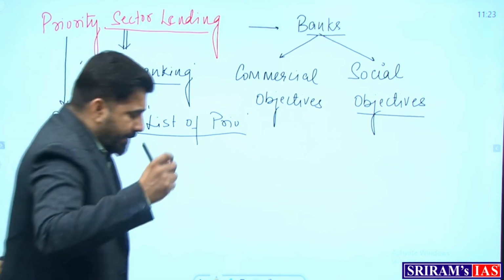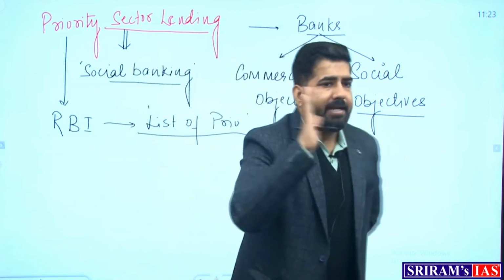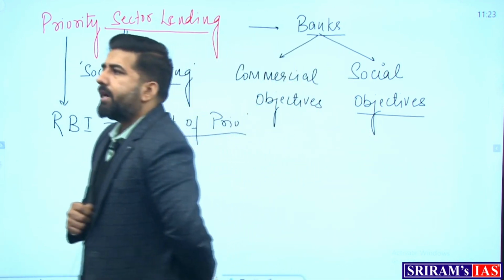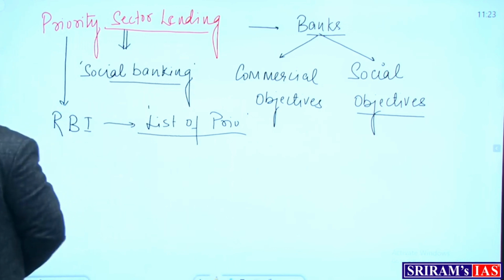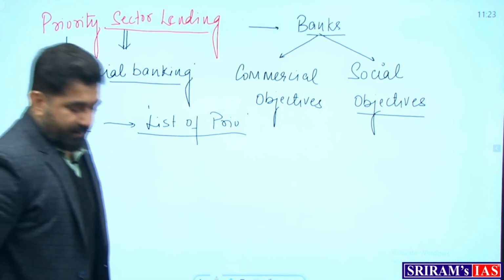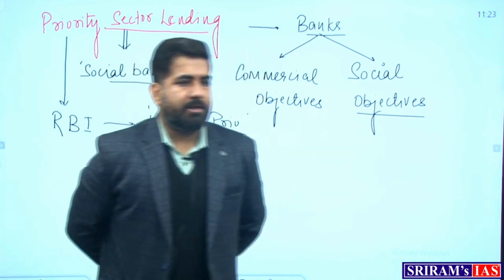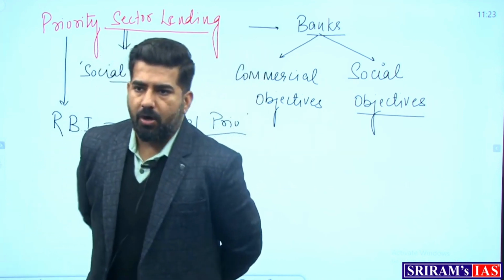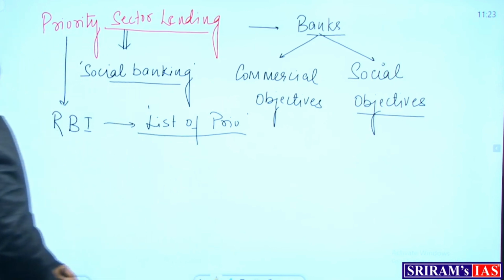Now tell me, if I compare the urban cooperative banks and commercial banks, which according to you will have the higher PSL requirements? Urban cooperative or commercial, or will they have the same requirement? Tell me, will they have the same, or will urban cooperative banks have the higher, or option C, commercial banks will have the higher requirement?